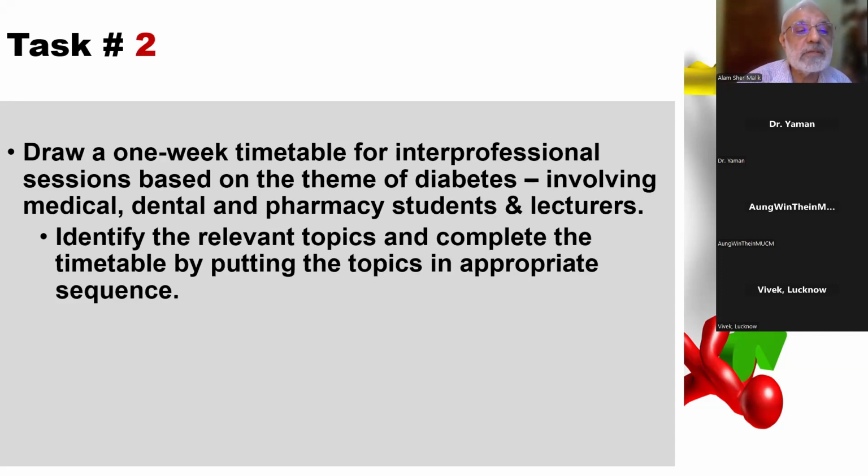Task 2 would be to draw a 1-week timetable for interprofessional sessions, let's say on diabetes, involving medical, dental, and pharmacy students. This means you have to identify the topics and put them in the timetable in appropriate sequence.